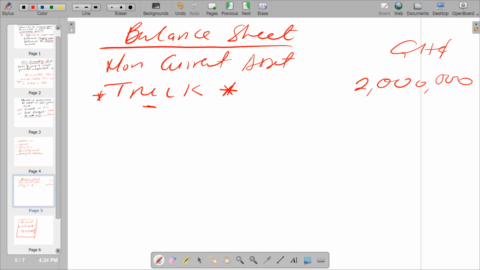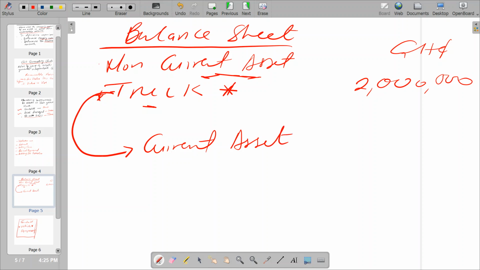So obviously we can't record it under non-current assets because any moment from now, once we get a buyer, we'll sell it. All assets under non-current assets are expected to be used for more than a year. So this will move towards current assets, because it's under current assets that we expect to derive their benefit within a year.